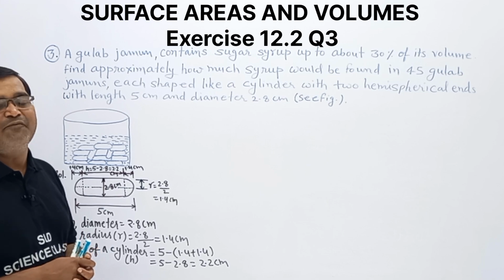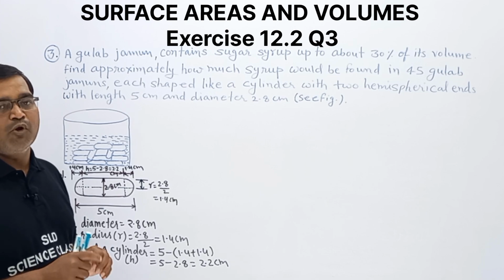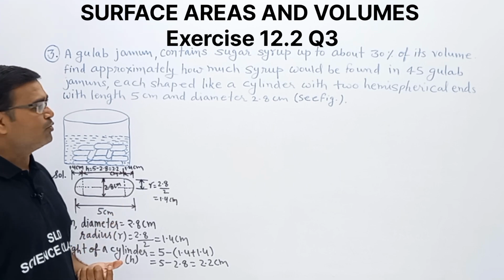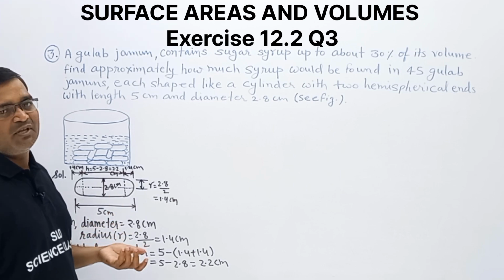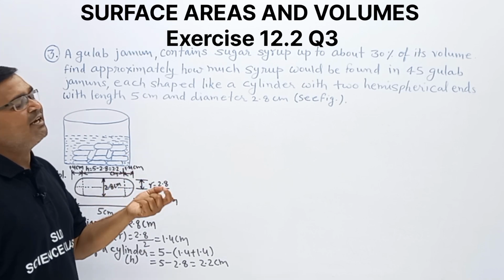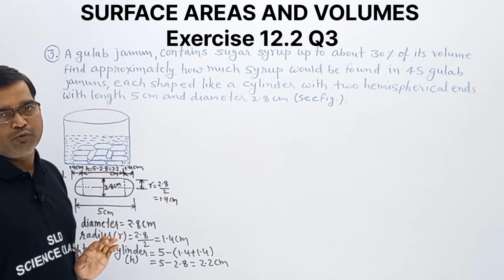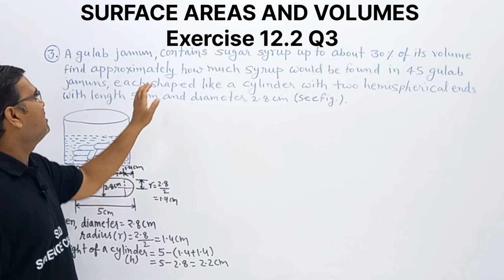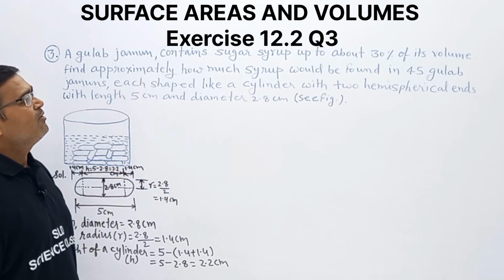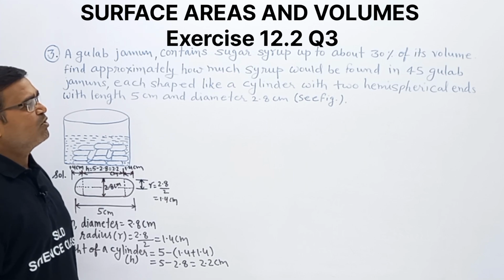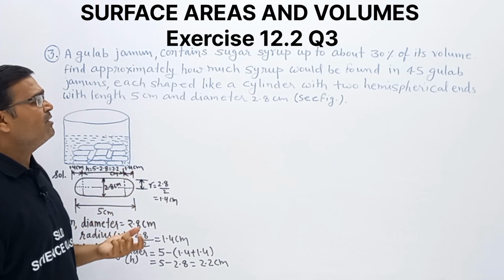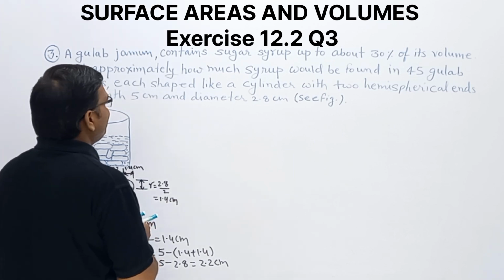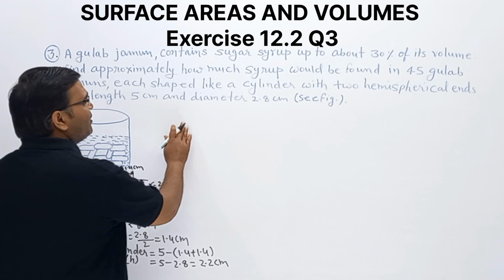Then we will multiply it by 45 to obtain the volume of 45 gulab jamuns. Clear? And then 30% of the total volume is the quantity of syrup contained in the gulab jamuns. Clear?